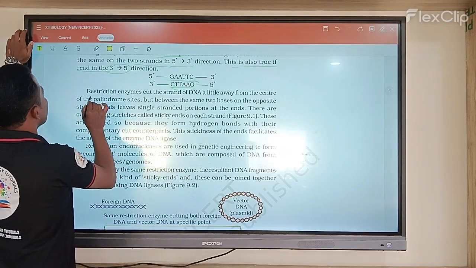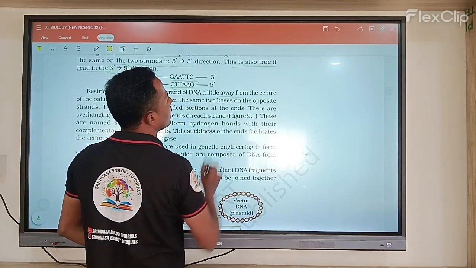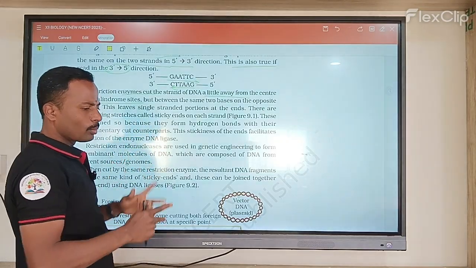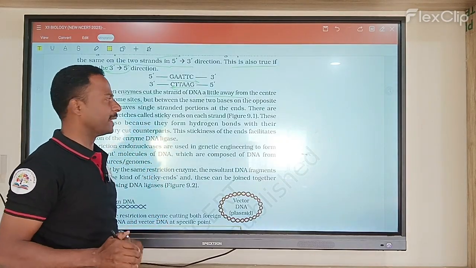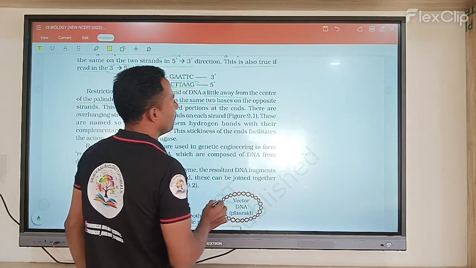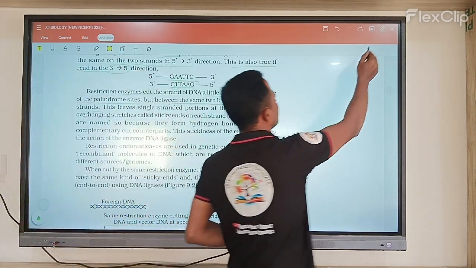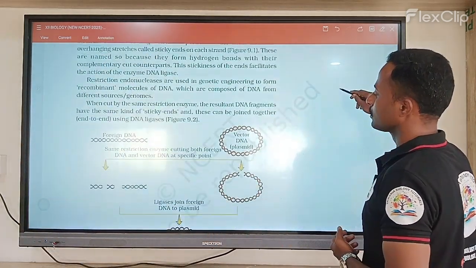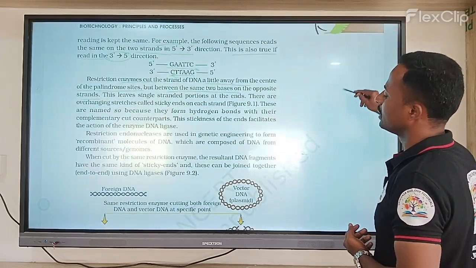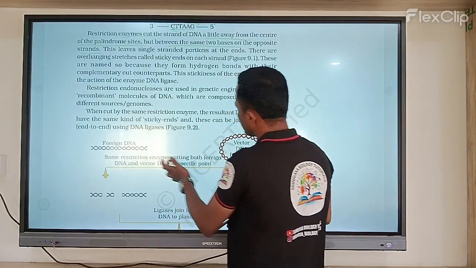Here, the restriction enzymes cut the strand of the DNA a little way from the center of the palindromic sites. So at the palindromic sites only, most of the DNA will get cut, but between the bases of the opposite strands. So it is one DNA strand, and that is also one DNA strand.